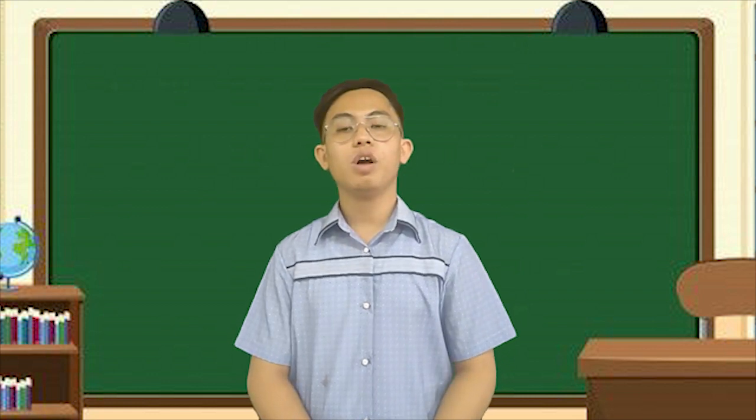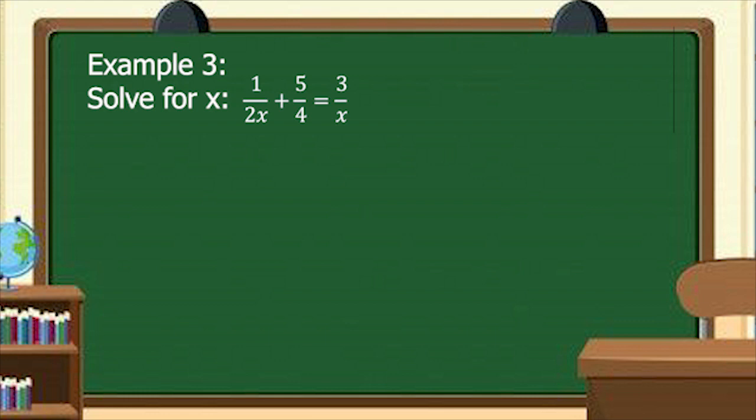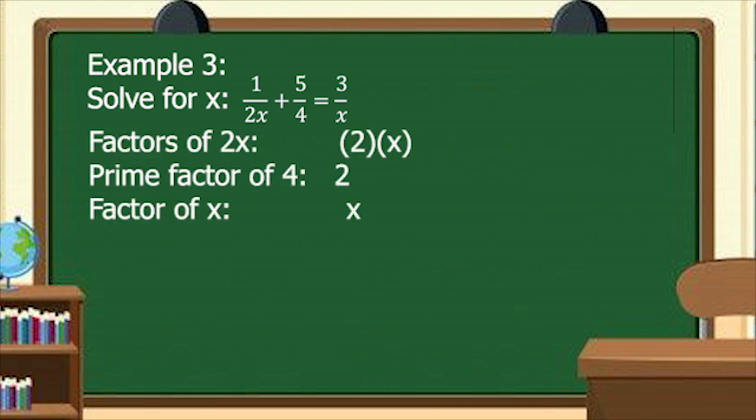Now, let's try to solve this next example. Solve for x: 1 over 2x plus 5 over 4 equals 3 over x. Again, let's find first the LCD of 2x, 4, and x. 2x has factors 2 and x.